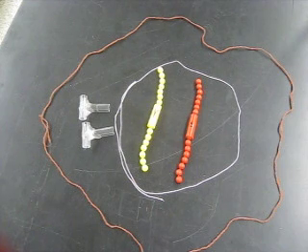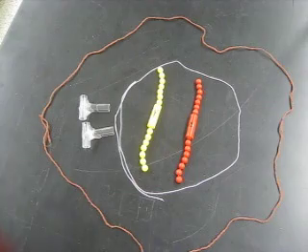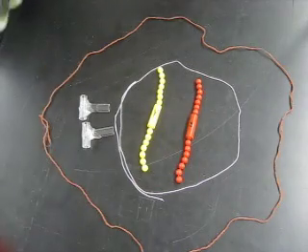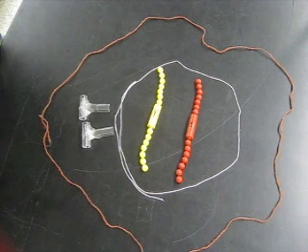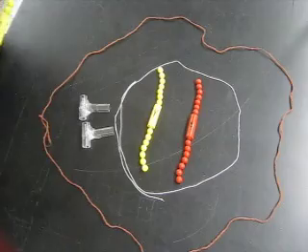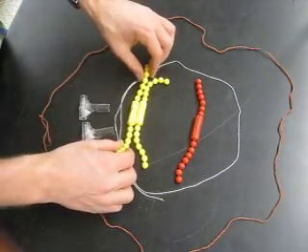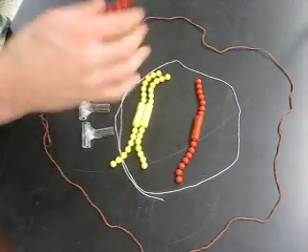And during the S phase, or synthesis phase of interphase, we're also going to get replication of our chromosomes. So here we have homologous chromosomes. They're both the same type, and they're going to each duplicate.